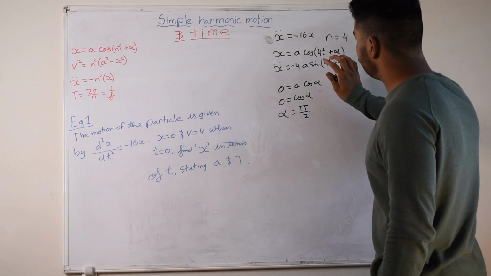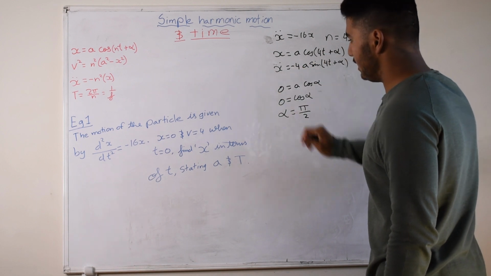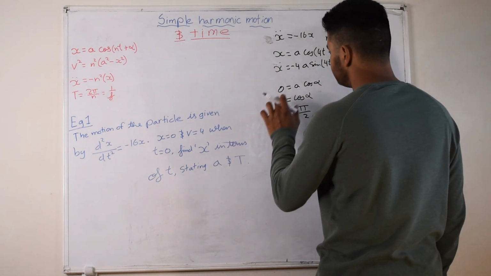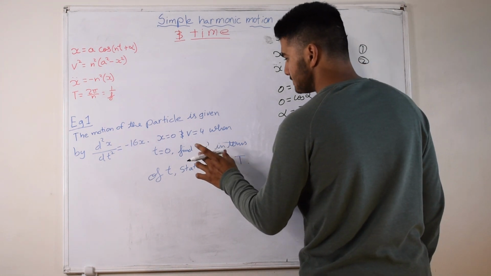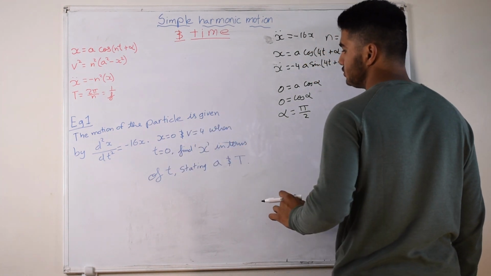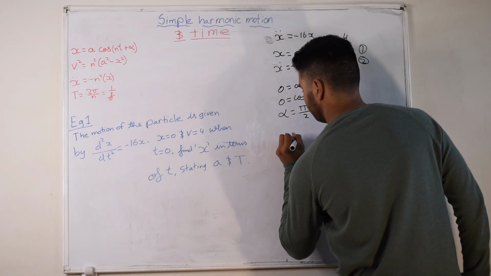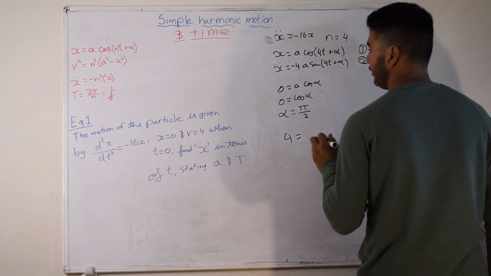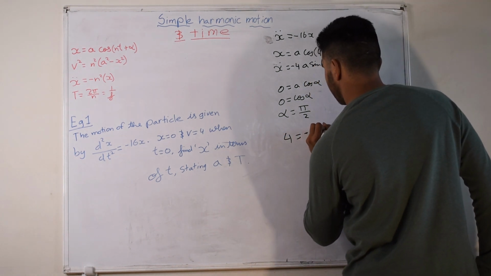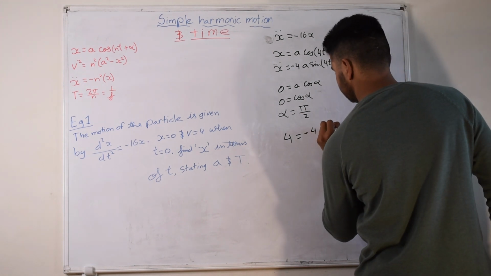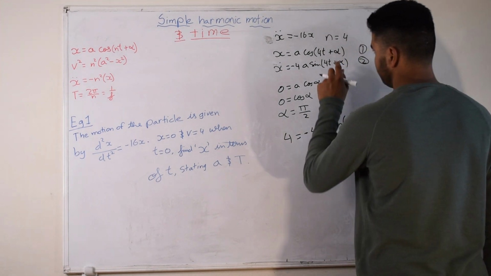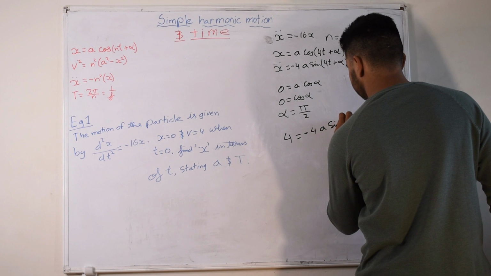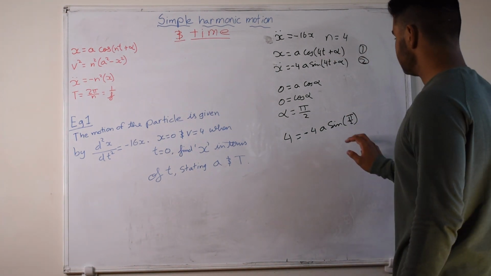Come back to the velocity part to find a. When t equals 0, v equals 4. So 4 equals negative 4a sin(pi upon 2). We figured out what alpha is.